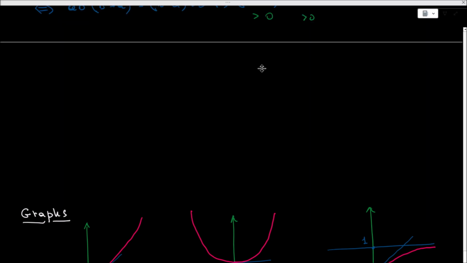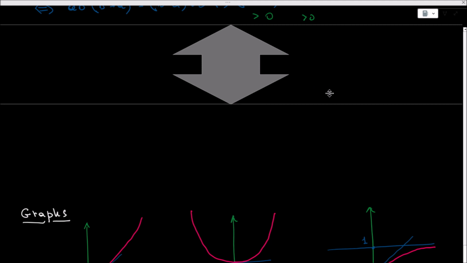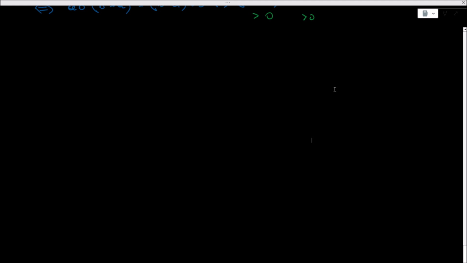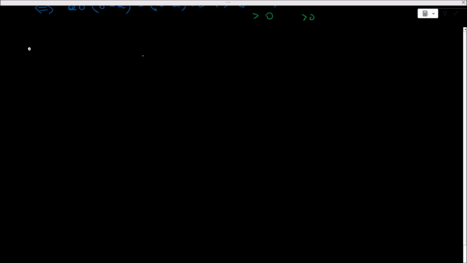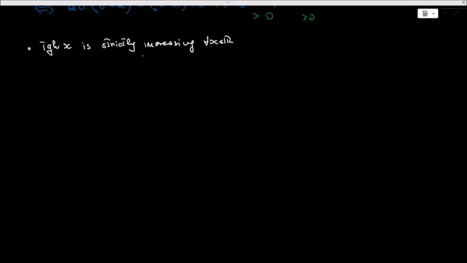Let me make some space here and prove that the hyperbolic tangent of x is strictly increasing for every x in the real numbers.